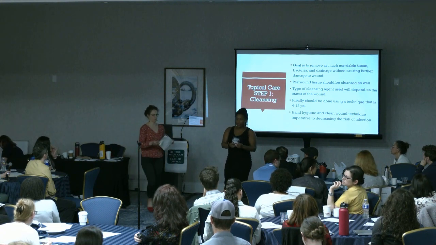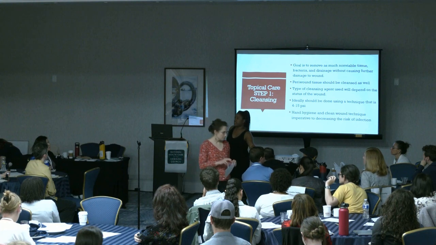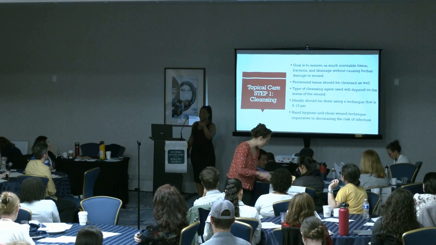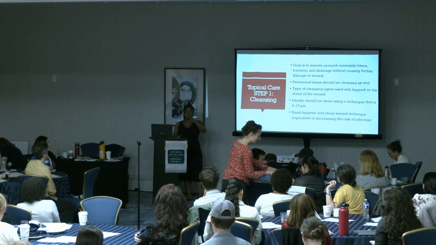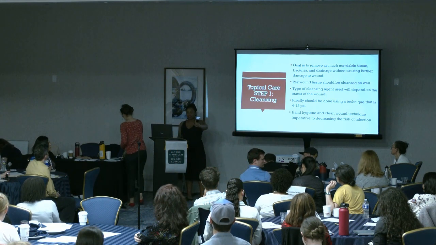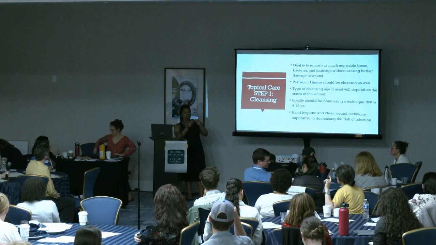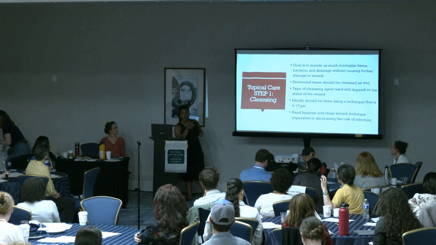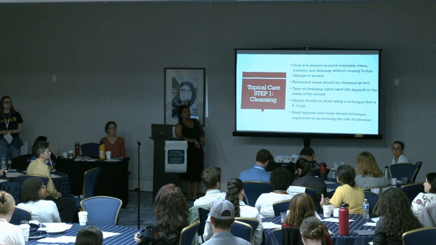Adaptic is the brand name. I try, y'all, not to use the brand names because if you remember what type of dressing it is, then when you see something else, you'll know the use will be very similar, so you'll know what to use it for. So non-adherent oil emulsion gauze is what it's called. I'll use that. I see another hand.